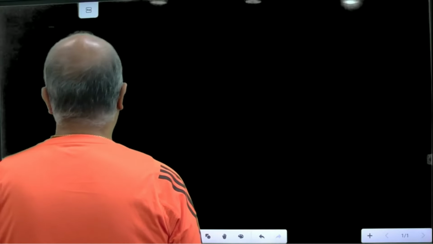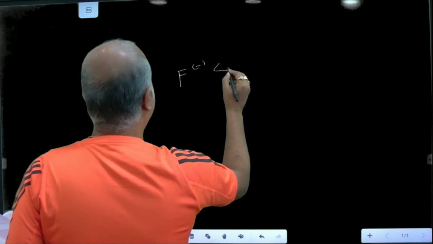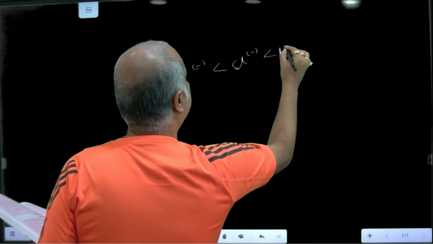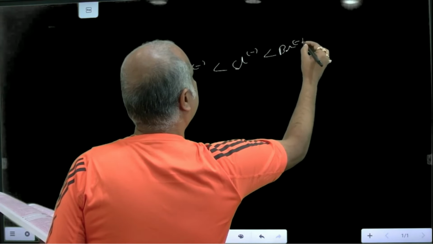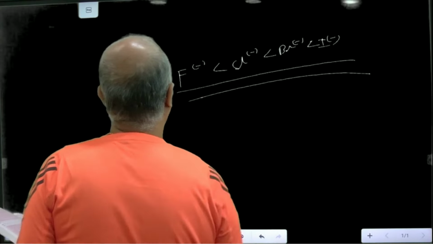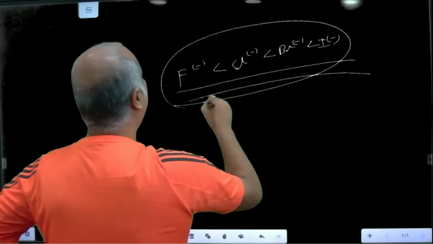Now write down: down the group, nucleophilicity increases. F minus is less than Cl minus, less than Br minus, less than I minus. This is a big question for nucleophilicity order.